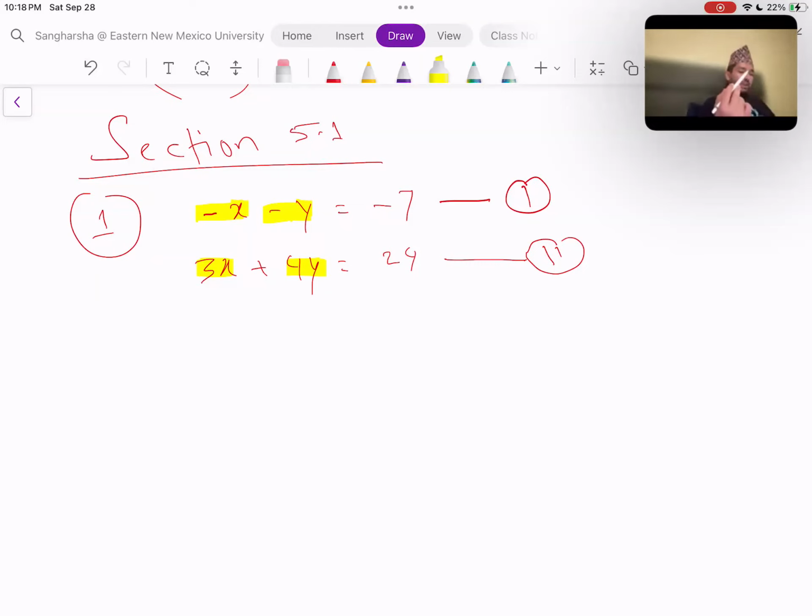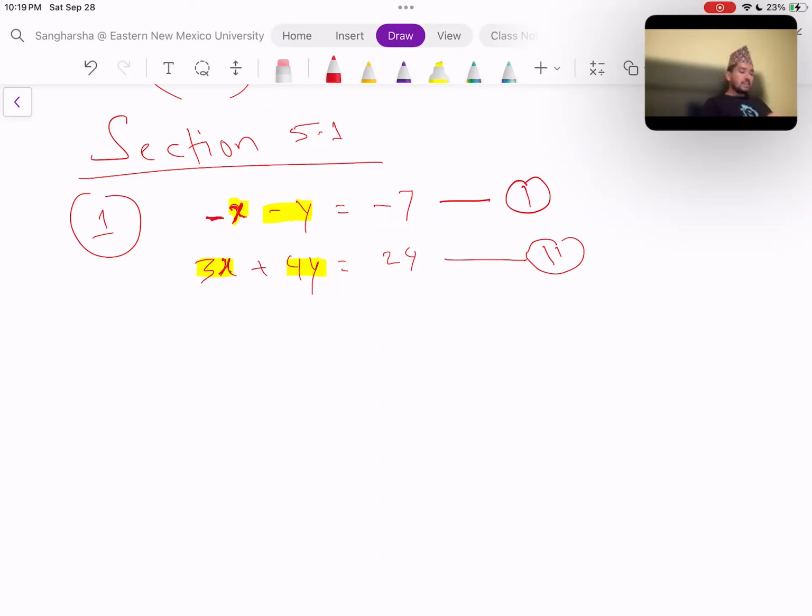In order to eliminate, we need to have at least one variable with the same coefficient with the opposite sign. This x has a coefficient of -1.